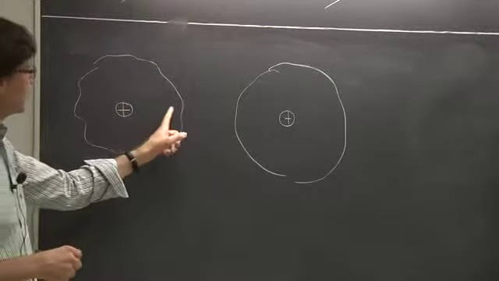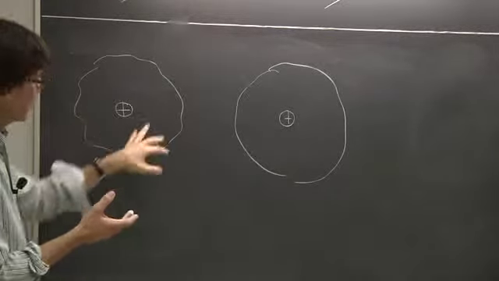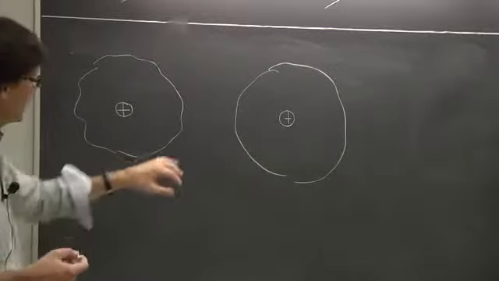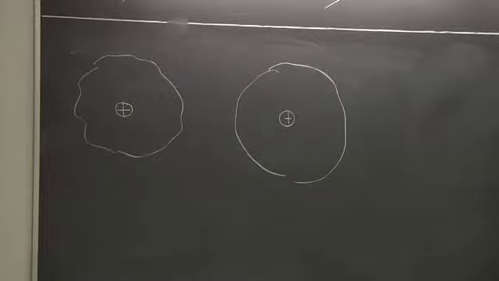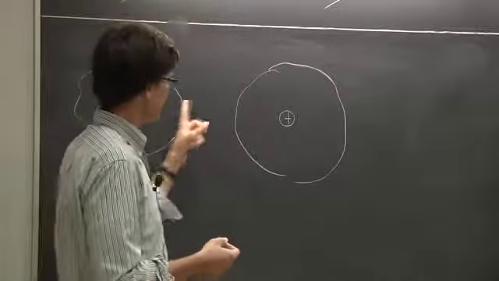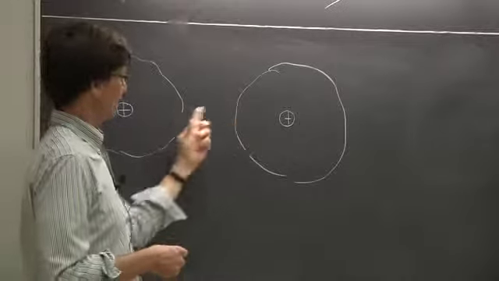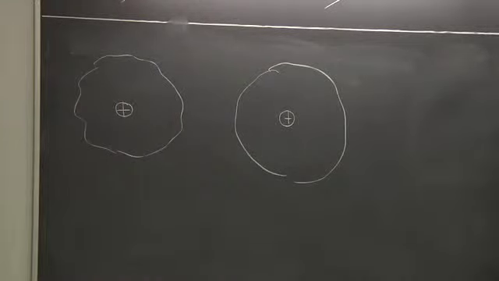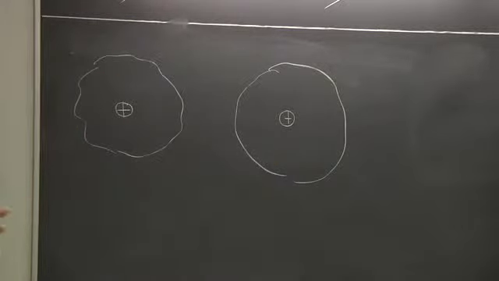Of course, the attraction of this electronic cloud with its own nucleus is already taken into account because this problem has been already solved. The shape of this wave function reflects precisely the interaction of these electrons with this nucleus. So what I need to consider as an additional ingredient is only the interaction of this electronic cloud with the other nucleus, and this electronic cloud with its neighbors. So when I start bringing these two approaching, there will be some charge redistribution, right? That is a consequence of this interaction.